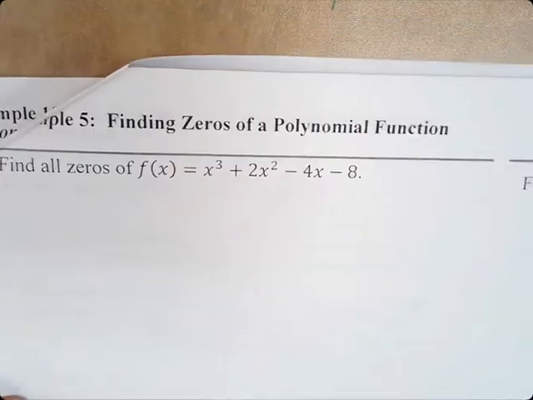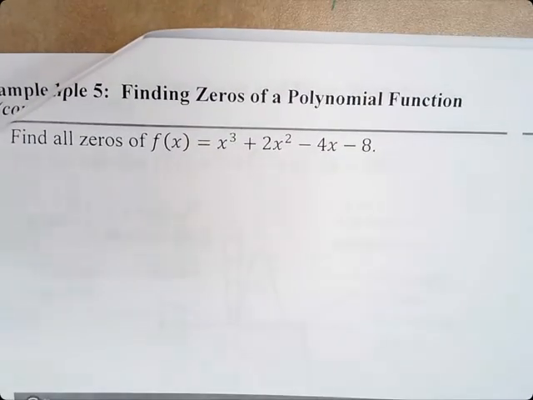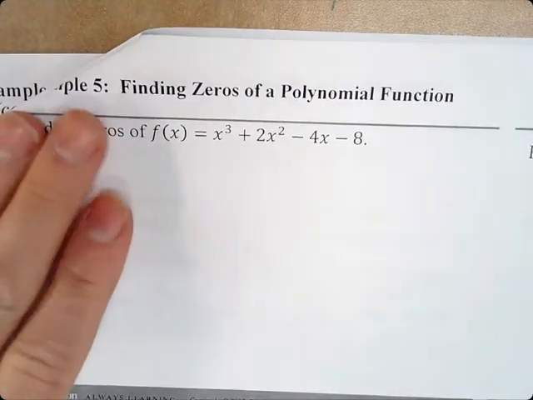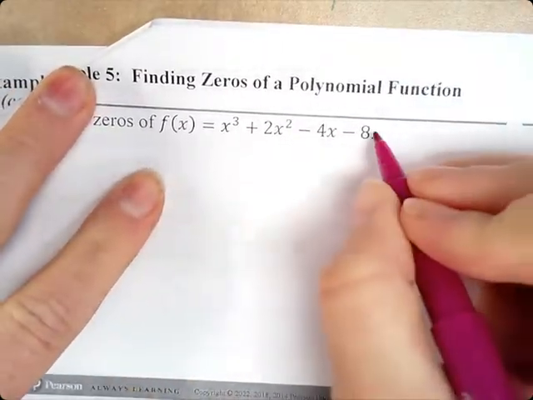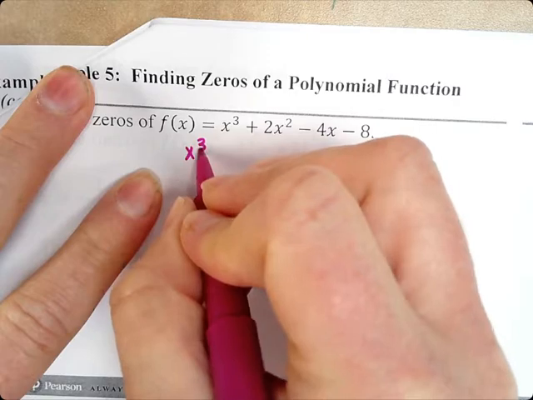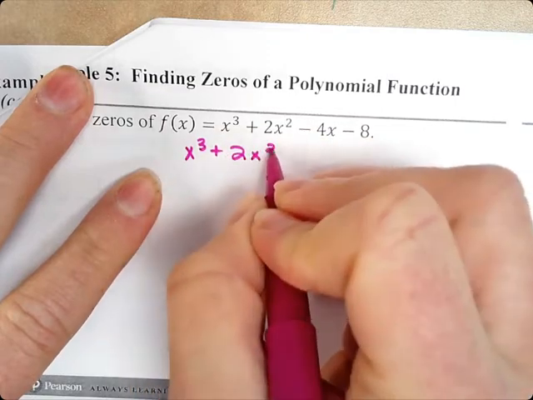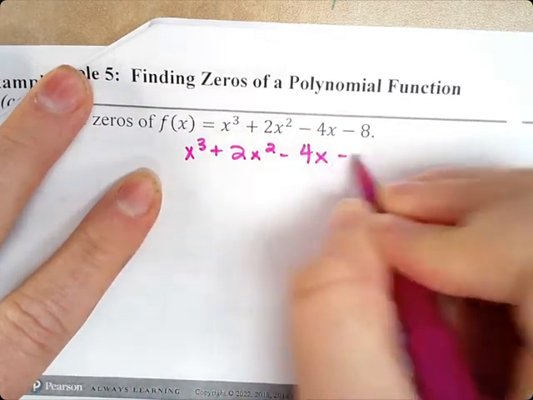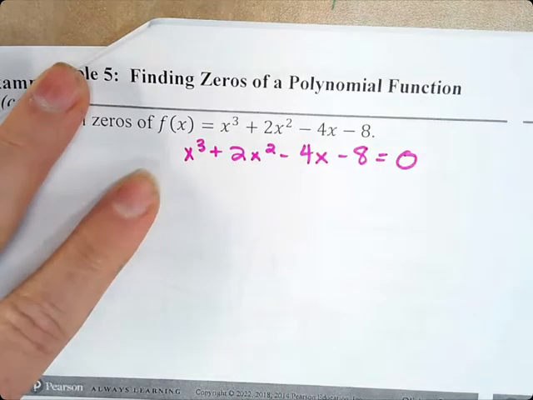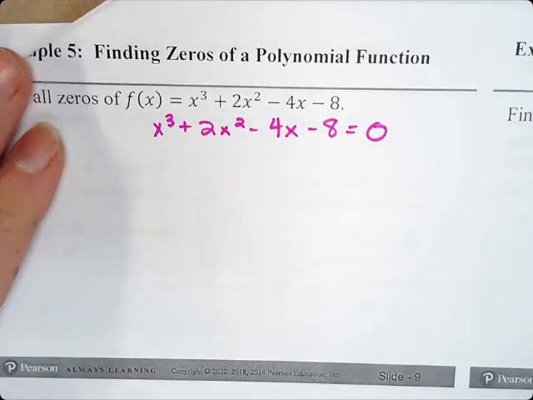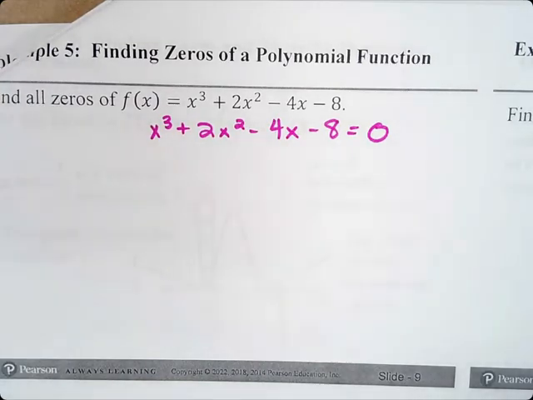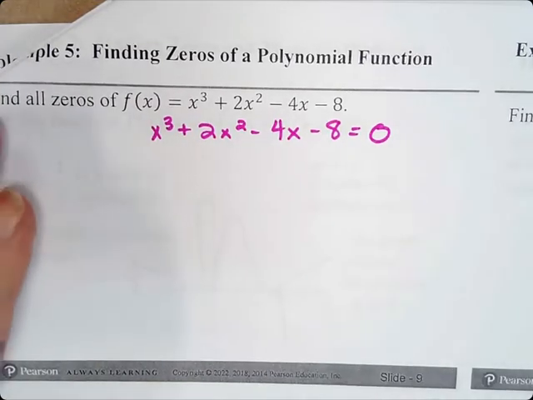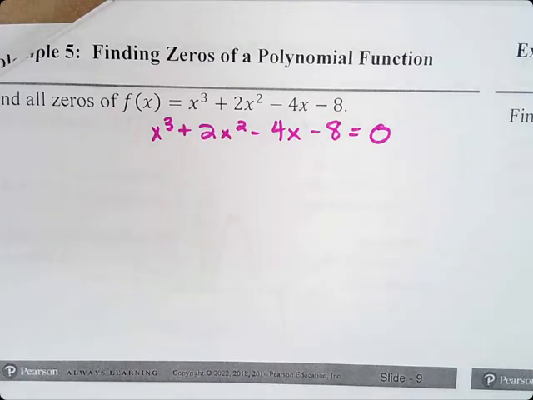So let's find the zeros of this function. To find the zeros, we're saying that this equals 0. x cubed plus 2x squared minus 4x minus 8 equals 0. So we need to solve. Whenever you have a polynomial function like this, in order to solve it, we're going to factor by grouping.